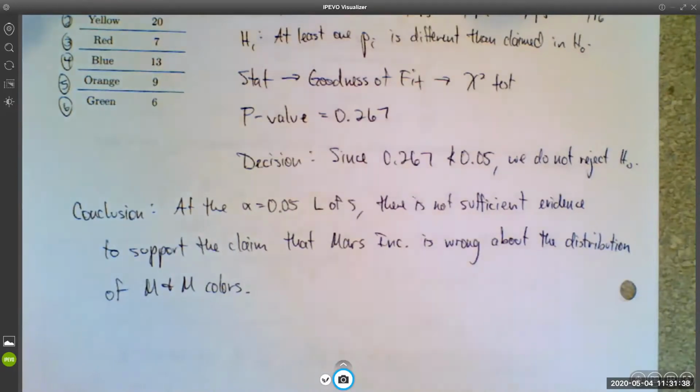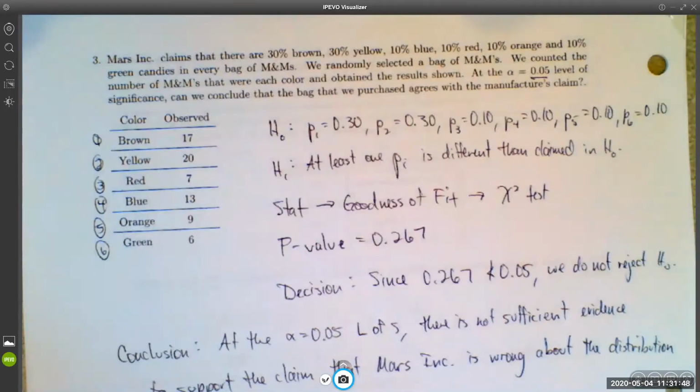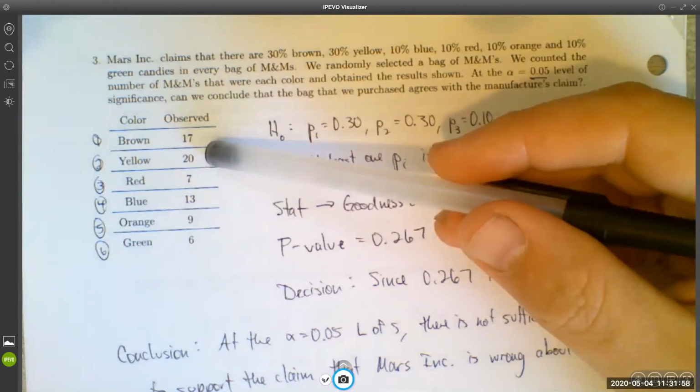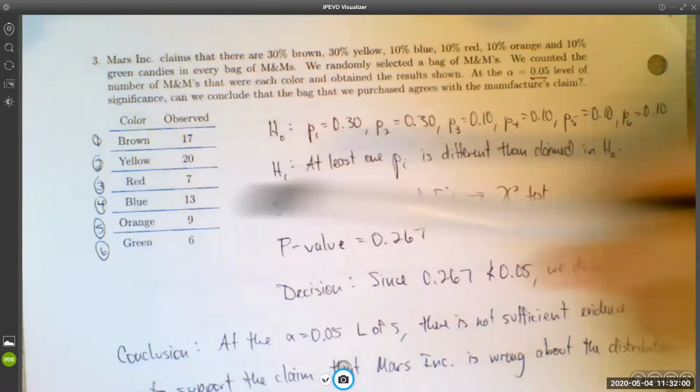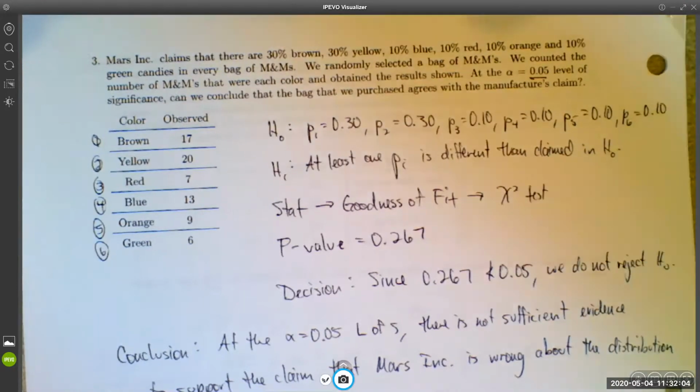That doesn't mean that Mars is right about the distribution of M&M colors. It just means there's not enough evidence to say that it's wrong. And maybe that's the problem. We only had 1 bag of candies, 72 candies. Maybe if we collected 10 bags or something, then even if we ended up with the same sort of proportions, because our sample size is larger, probably our p-value would be smaller.